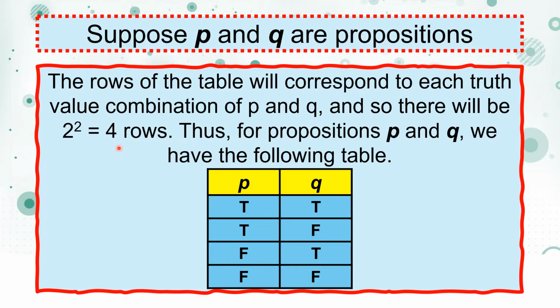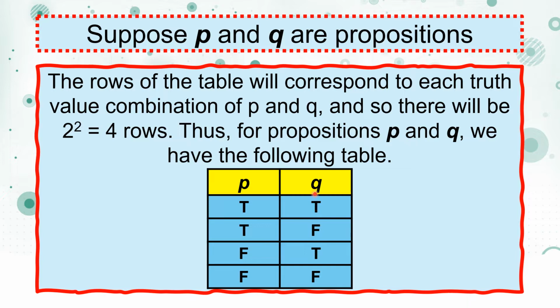Kasi dalawa lang naman yung truth value. It is either true or false. So, for proposition P, i-divide natin yung 4 into 2. So, 4 divided by 2 is 2. So, isulat natin dalawang true, T, T, at dalawang false, F, F.